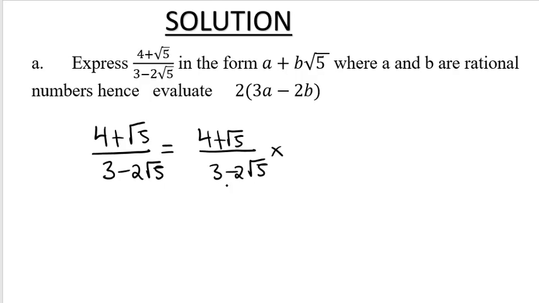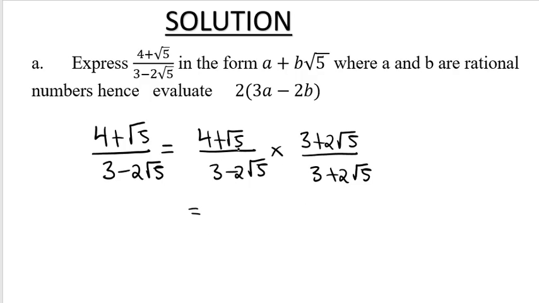Now the denominator is 3 minus 2 root 5, so its conjugate is 3 plus 2 root 5. So we are going to have 3 plus 2 root 5 over 3 plus 2 root 5. So we are going to simplify this.